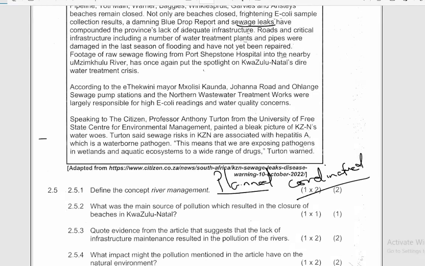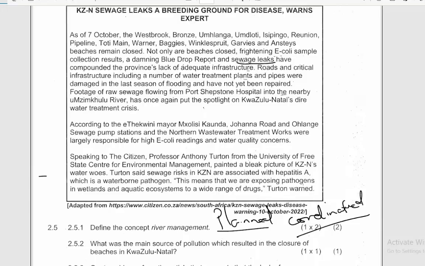Right? If we come to our text here, we find there's a section which talks about critical infrastructure. We'll check here. Right, it says the roads and critical infrastructure, including a number of water treatment plants and pipes, were damaged in the last season of flooding and have not yet been repaired. That is where we get our response.